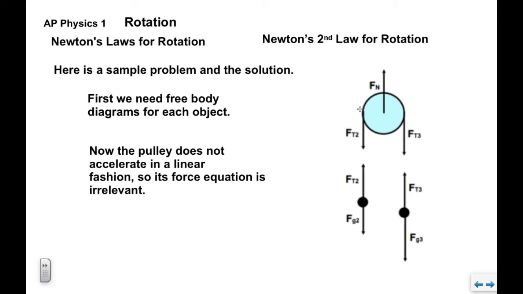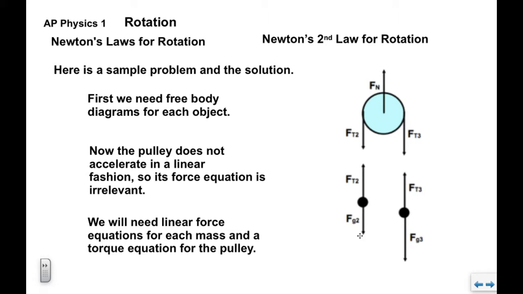We have to revise that for the modified Atwood machine because we need a net torque on this disk to make it rotate, which means that the tensions on either side of the pulley can't be the same. If they were the same, then the pulley wouldn't rotate. We know that the pulley is going to rotate in a clockwise direction here, so we'll see that Ft3 has to be greater than Ft2.